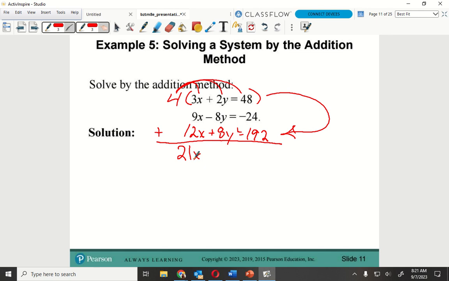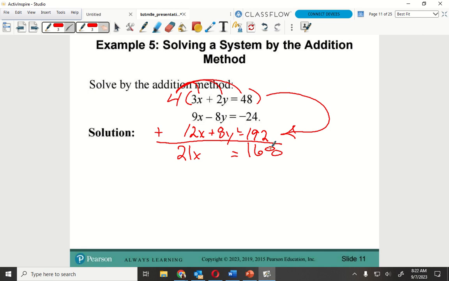Anyway, so that equals negative 24 and positive 192. What is it? 168. So positive 168. And now I still got to get that 21, right?